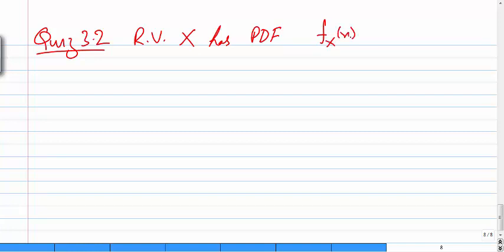The quiz is 3.2, and it says that we have a random variable X that has a probability density, so this means it is a continuous random variable, with the PDF given as f_X(x) equal to c x e^(-x/2) when x is greater than or equal to 0, and 0 otherwise.